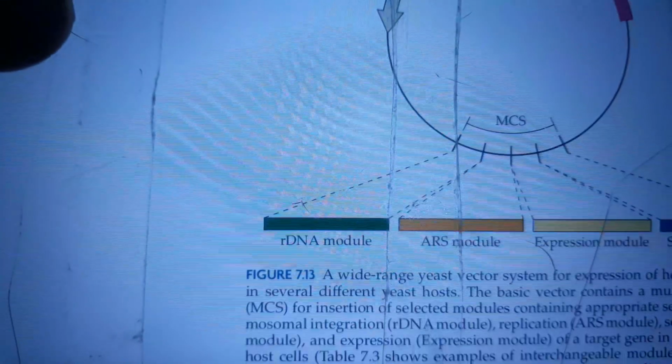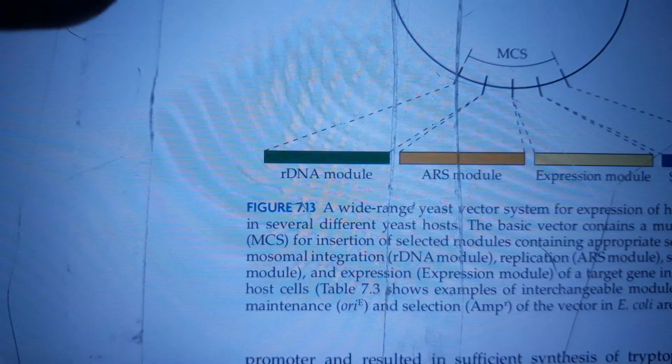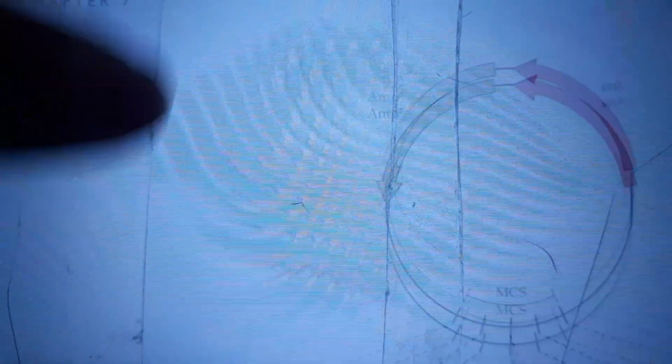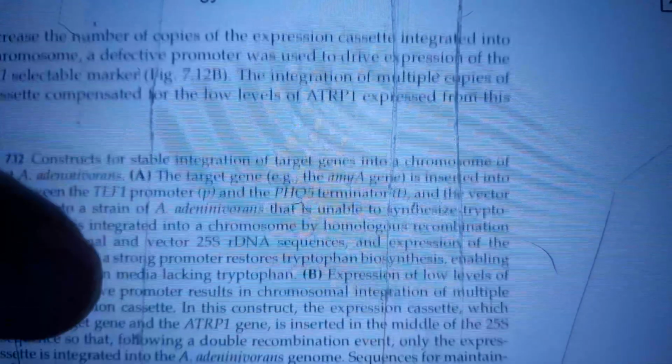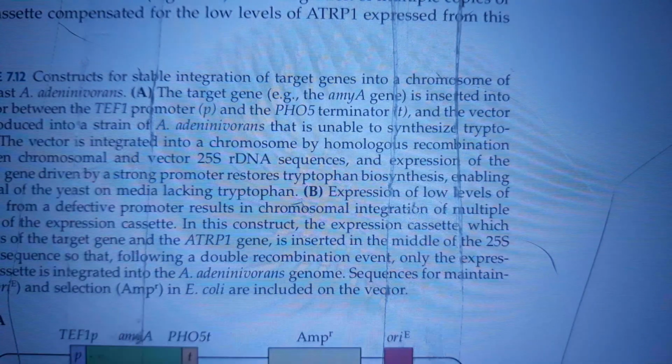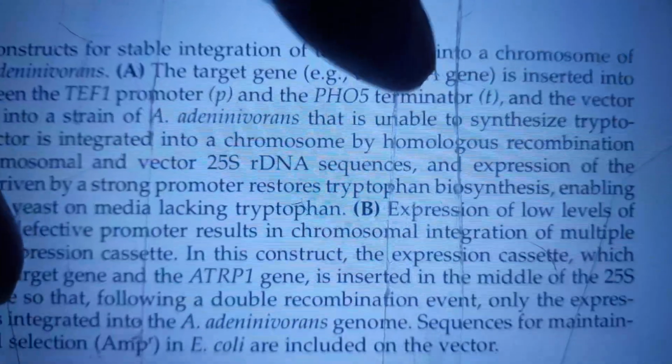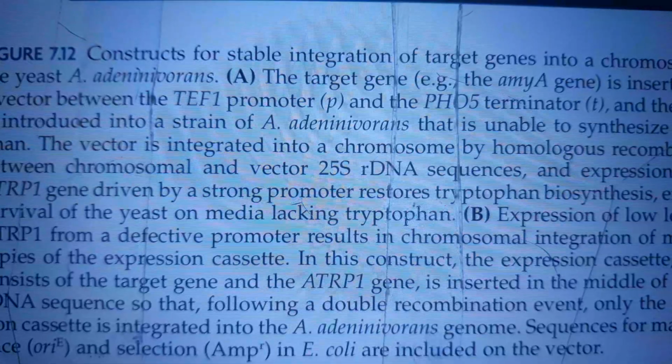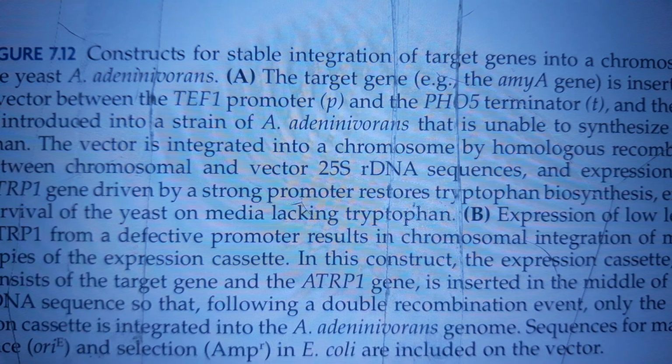This is the wide-range yeast vector system. This is the construct for stable integration of target genes into a chromosome of the yeast Arxula adeninivorans.